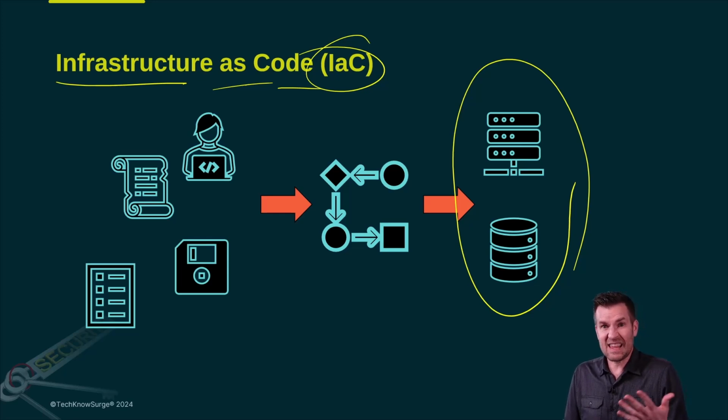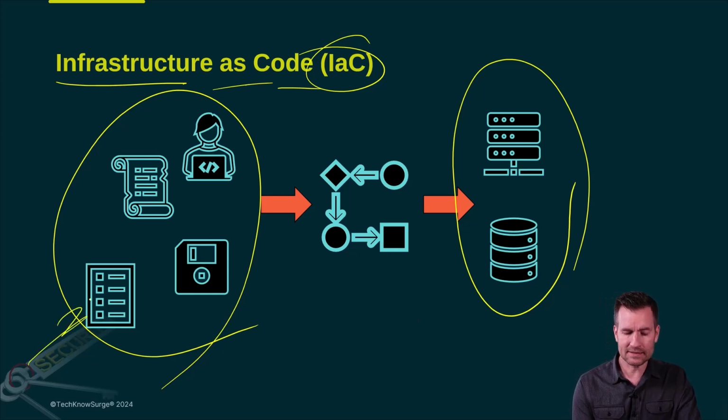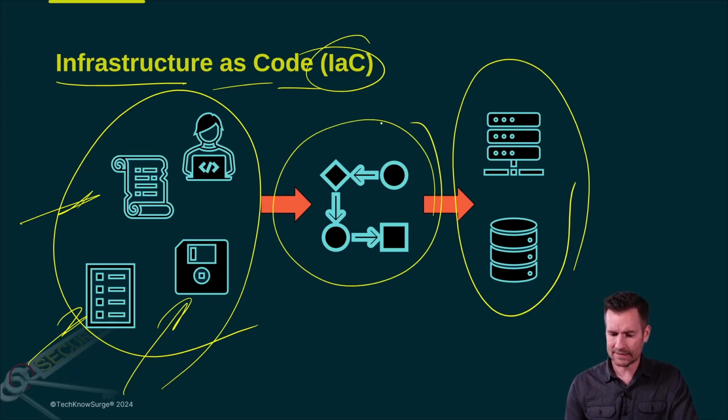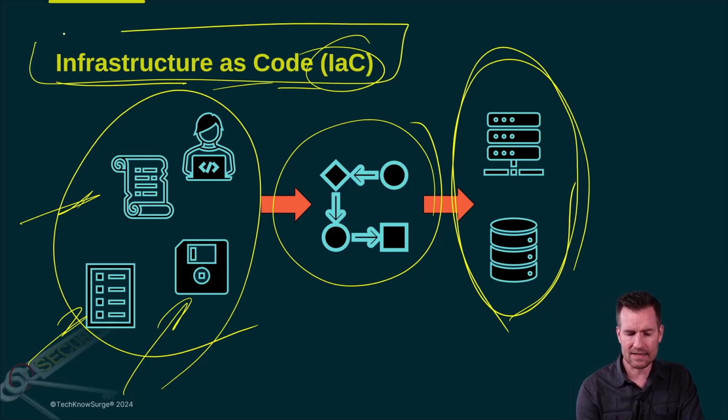But with the virtual world, we don't need to do all the physical aspect, and we can use automation tasks to make that happen. So we can have templates, we can have scripts, we can have data that all goes into this automation process, and deploys the whole infrastructure. So that's infrastructure as code.